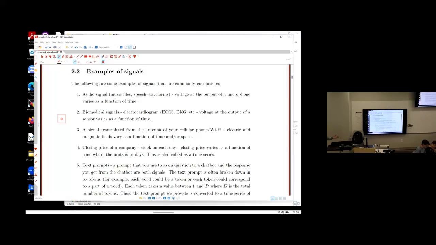A photo is like a bunch of pixels. But you can't really transmit pixels out of your antenna, right? So what gets transmitted out of the antenna is actually an electromagnetic signal. These pixels somehow get converted to a waveform, and then the waveform gets transmitted out of the antenna. So that waveform is a signal for us, because that's something that changes with time.